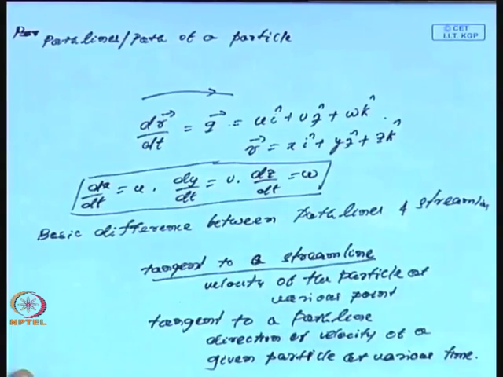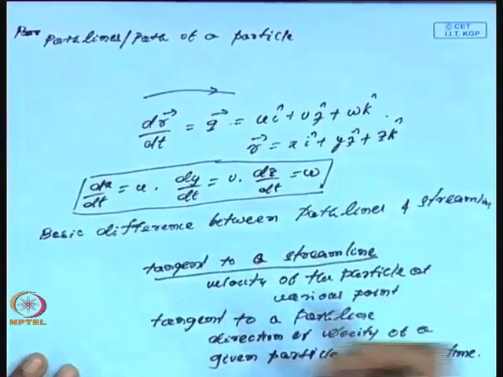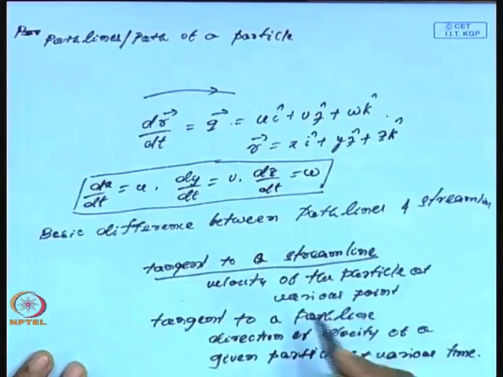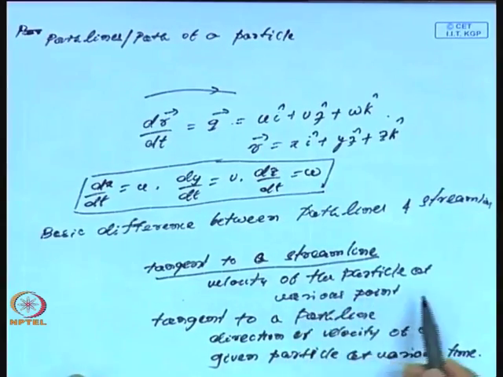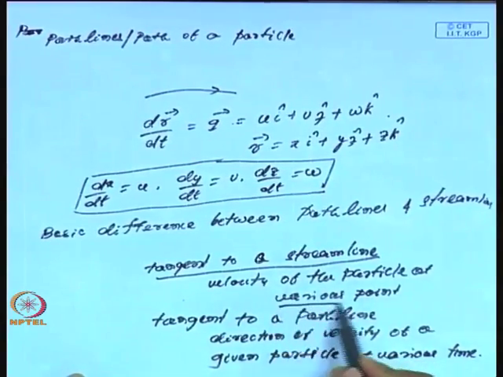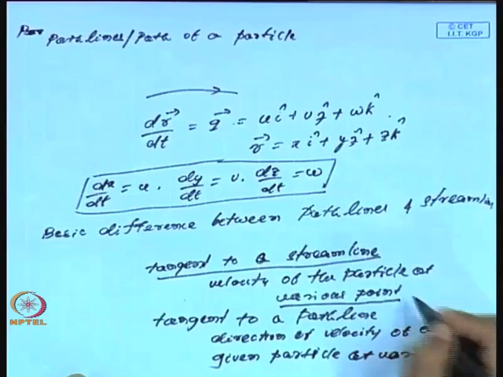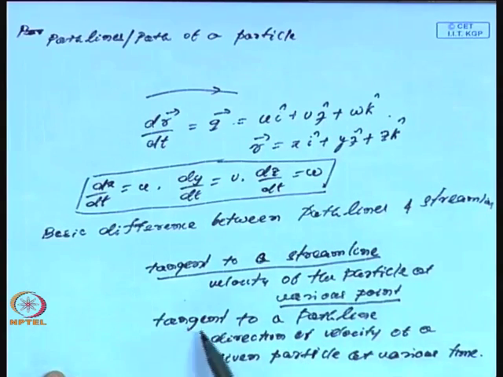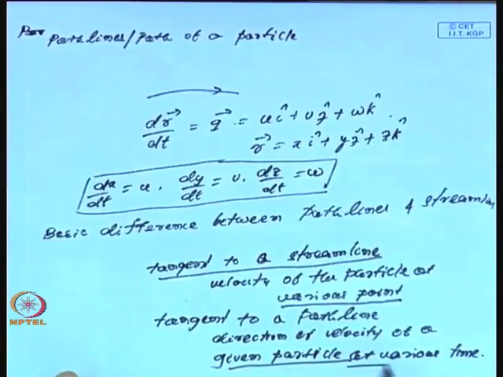So, the basic difference is that when we draw a tangent to the streamline, it gives us the velocity of the particle at various points at the same instant of time. On the other hand, if we draw a tangent to a path line, it gives the direction of the velocity of a given particle at various times.